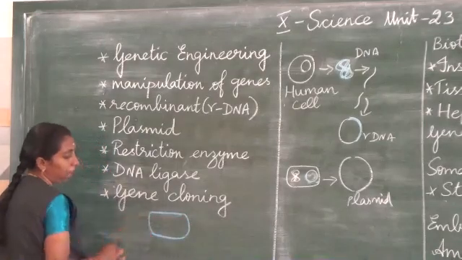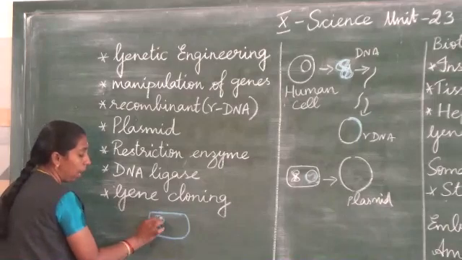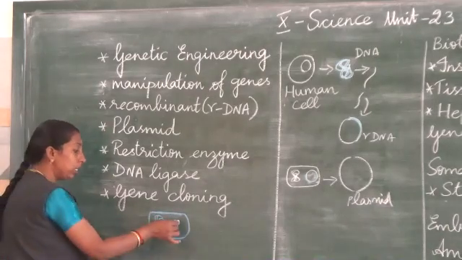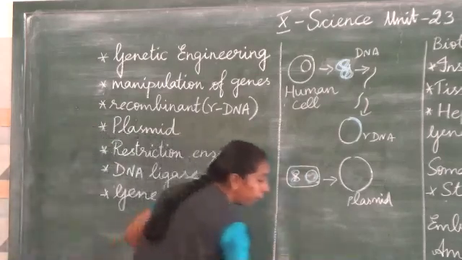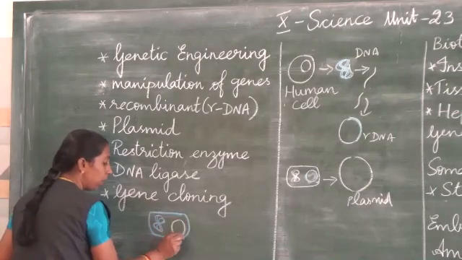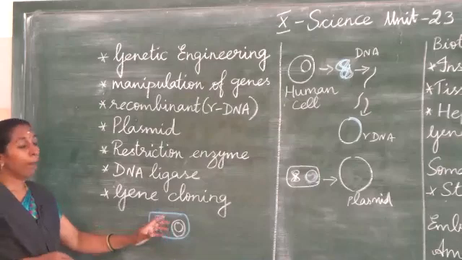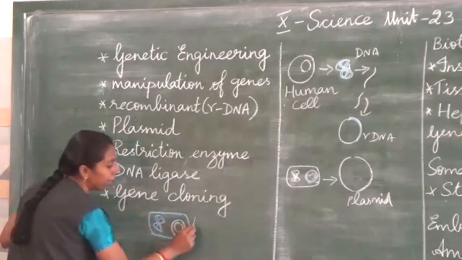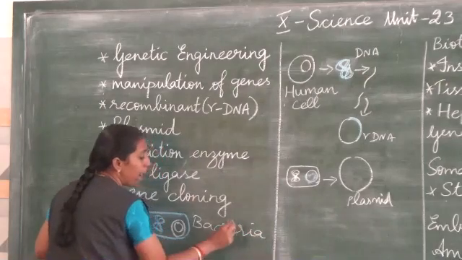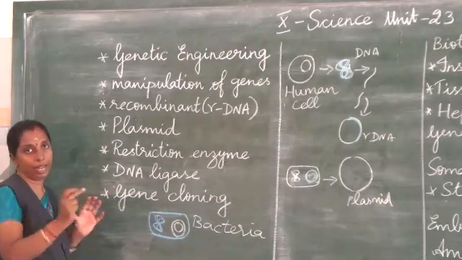In bacteria there is chromosomal DNA, and apart from this chromosomal DNA there is a double circular plasmid DNA. Especially in rod-shaped bacteria, or in all bacteria, two DNAs are found.